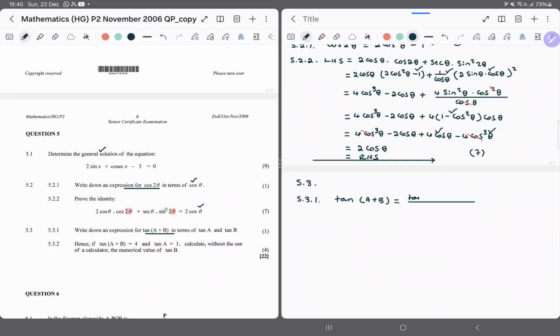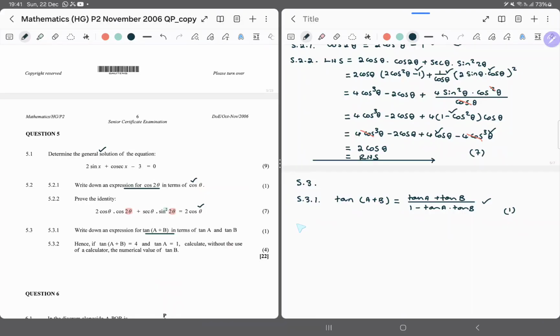So this is going to be tan A plus tan B divided by 1 minus the product of tan A, tan B. We proved it, easy.